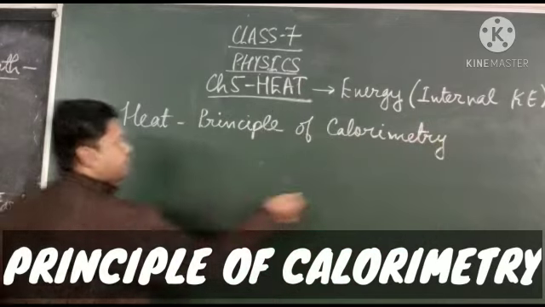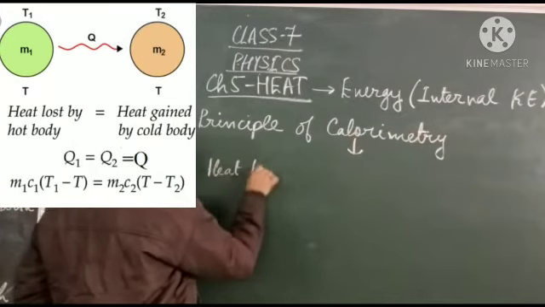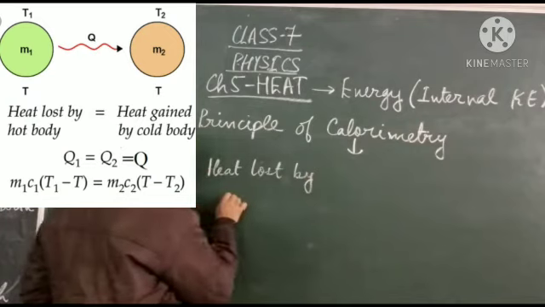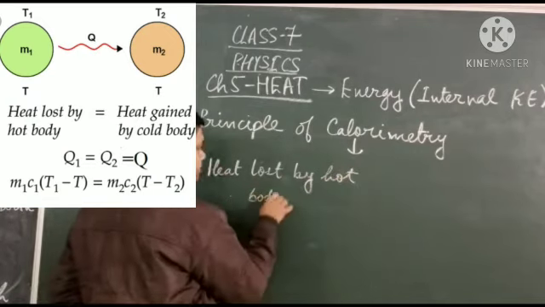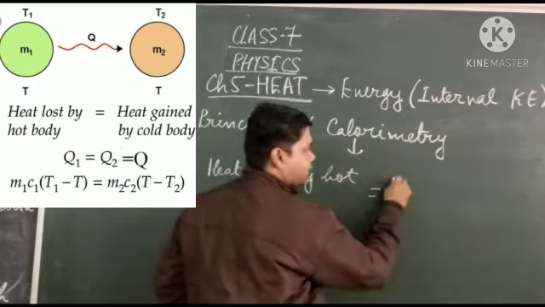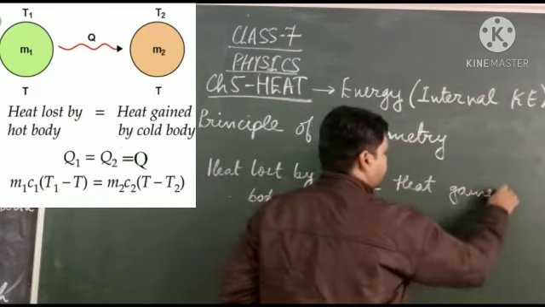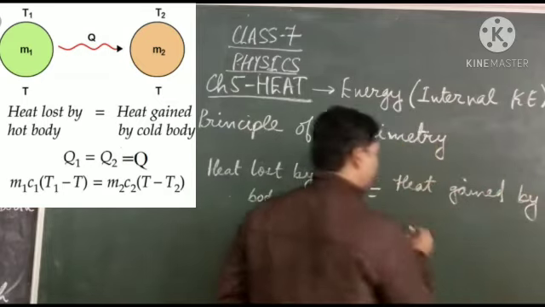The principle of calorimetry is that heat lost by the hot body will be equal to heat gained by the cold body.